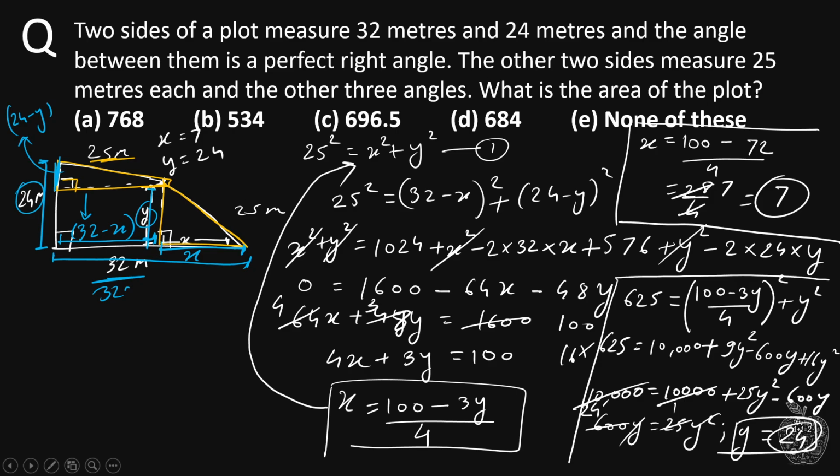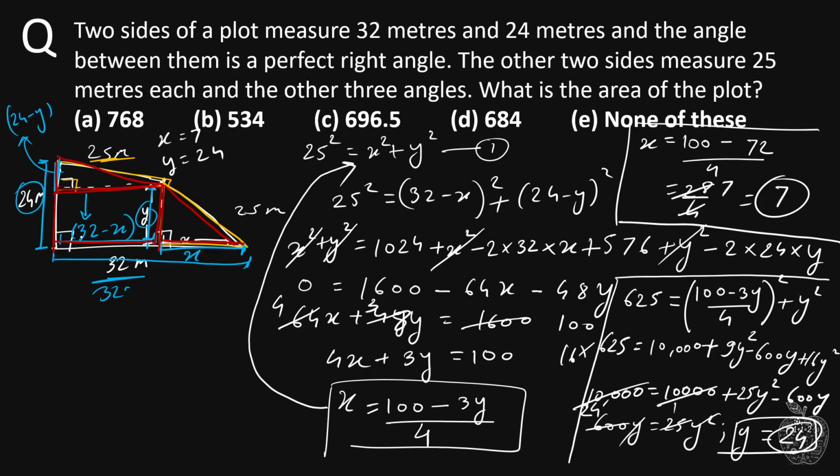We are asked what is the area of the plot. In order to find the area of this plot, we combine the areas of this rectangle plus this right angle triangle and the area of this other right angle triangle. When combining the areas of these three shapes, we get the area of this entire plot. So let's do that.